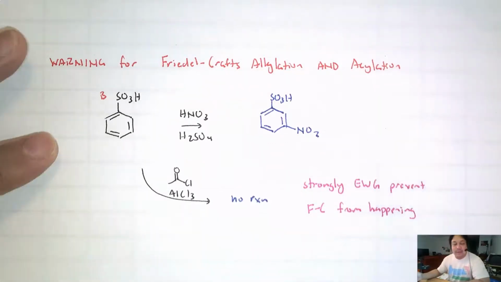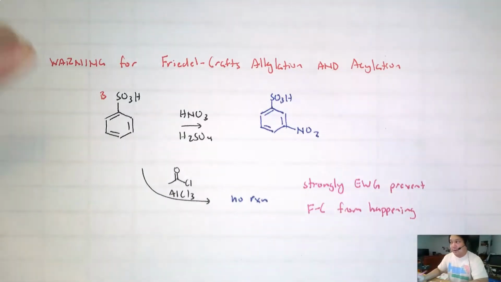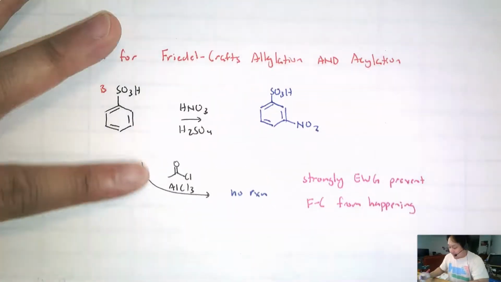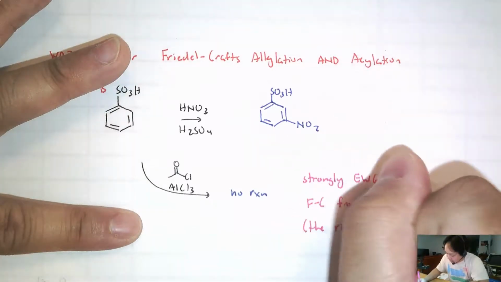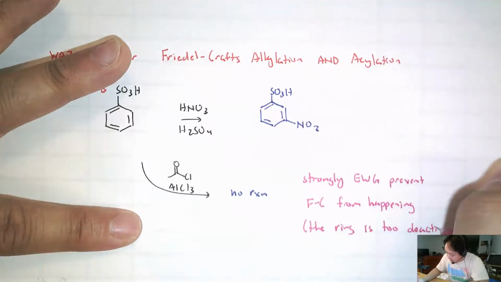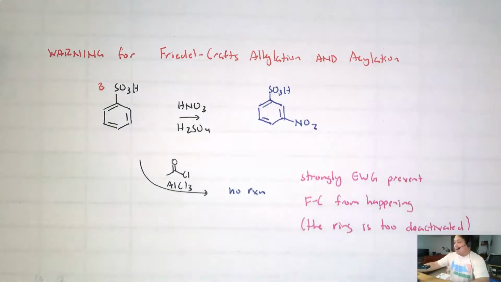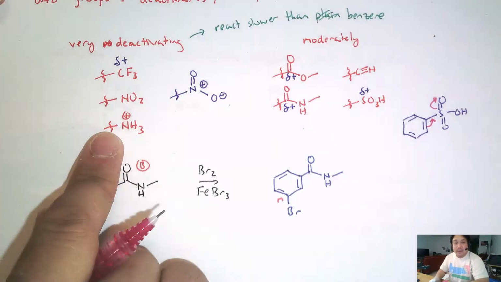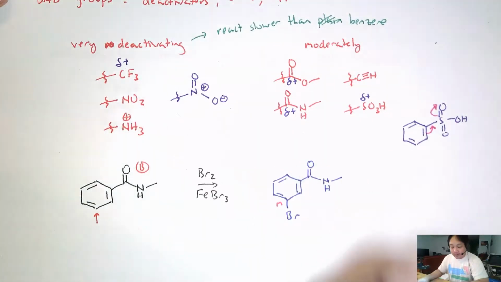The reason I'm going to give you for this is very, very simplified. And I'm just going to say the ring is too deactivated. Okay. So you have any of these bad groups, whether they be very deactivating or moderately deactivating, Friedel-Crafts does not work.